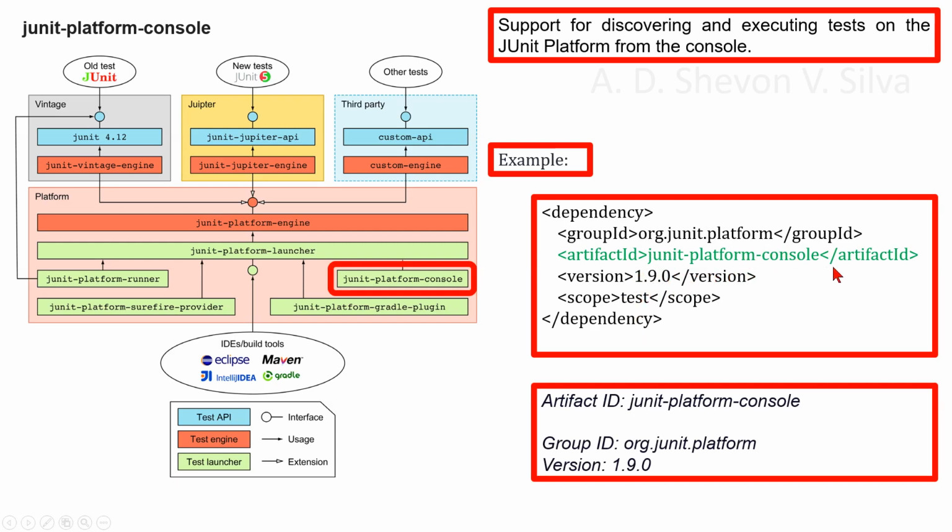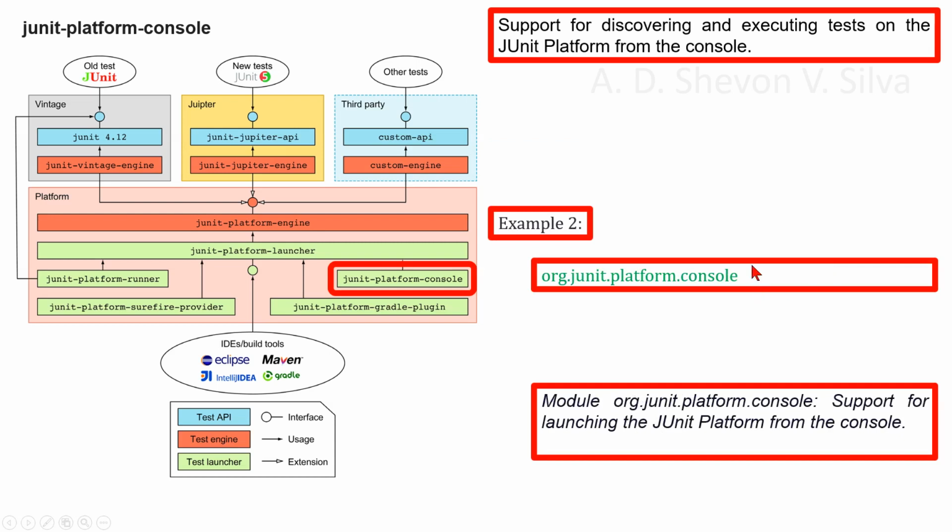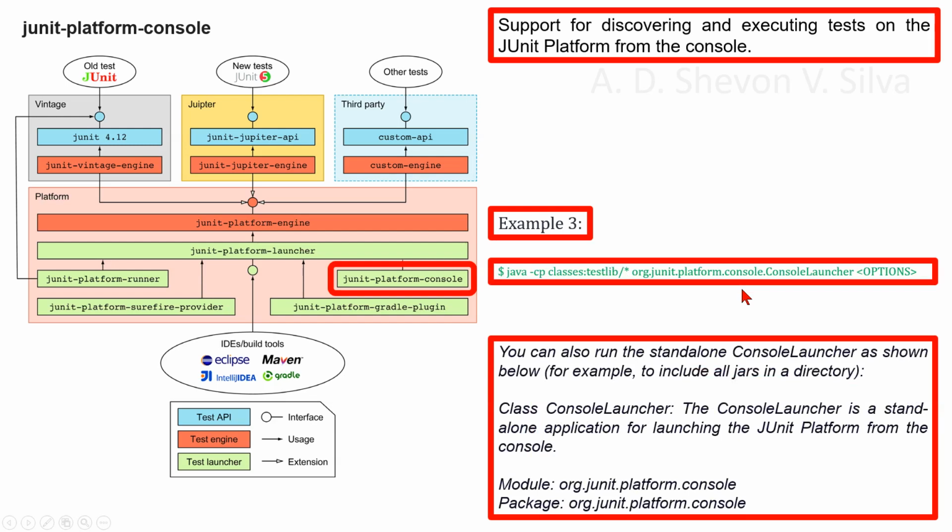As an example too, we can consider org.junit.platform.console module, support for launching the JUnit platform from the console. As an example 3, you can also run the standalone console launcher as shown here, for example, to include all jars in a directory.